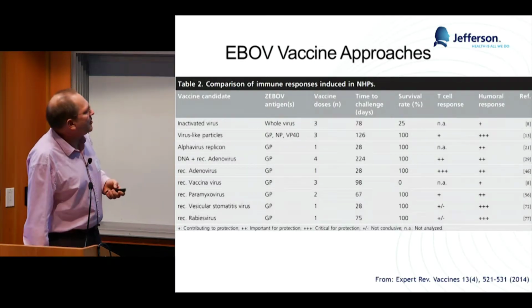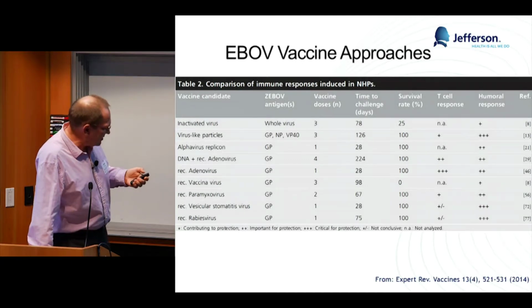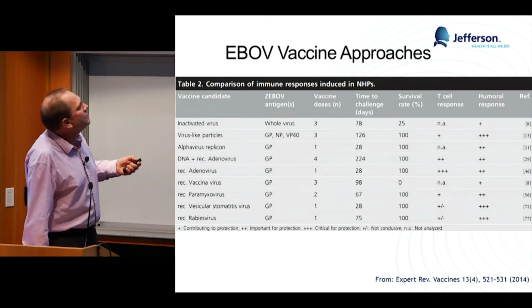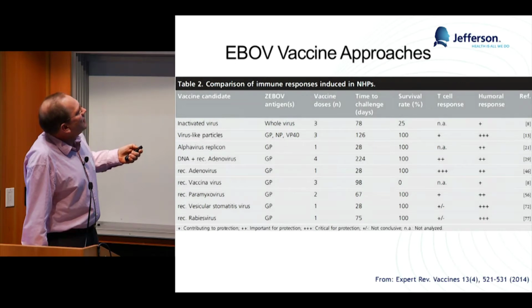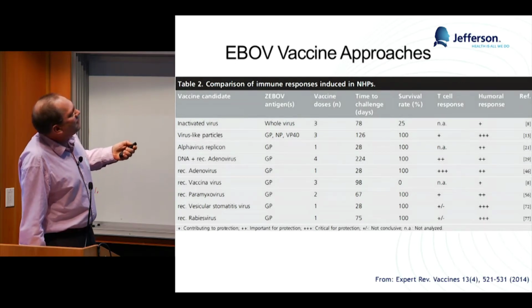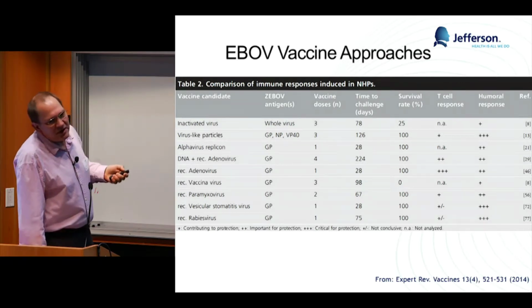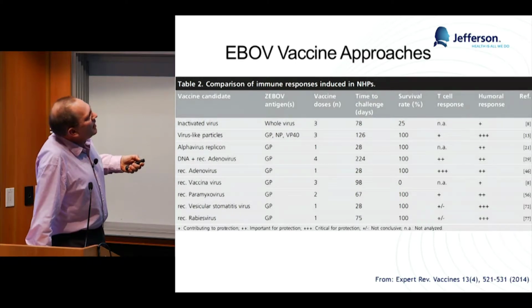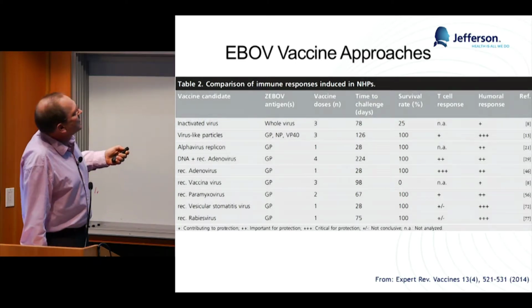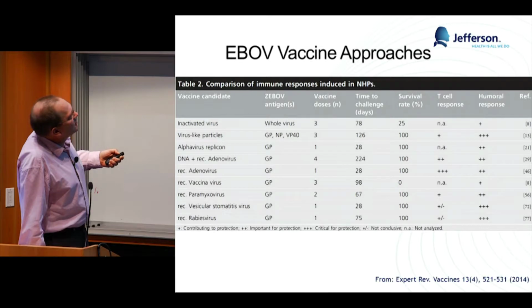And here are the other approaches, because in the press you hear only about the two. There's also initially inactivated virus, probably not a good idea, and it really doesn't work well either. But there are certainly virus-like particles which you make from this protein which showed protection, DNA and recombinant adenovirus.